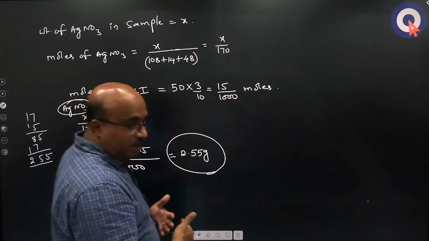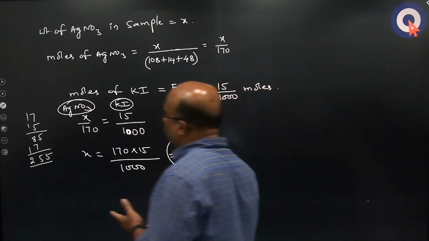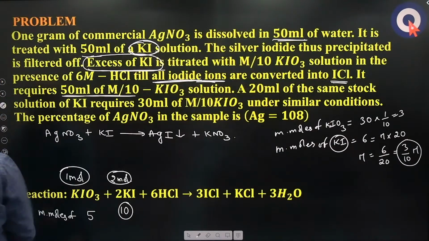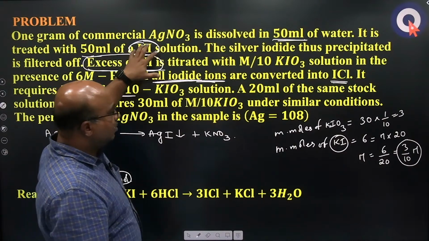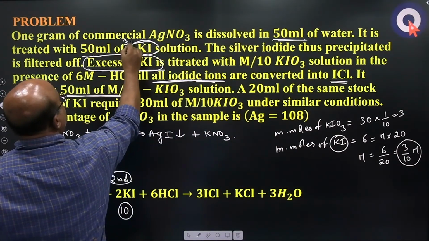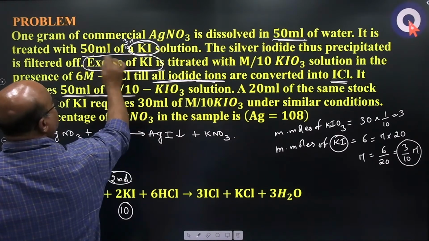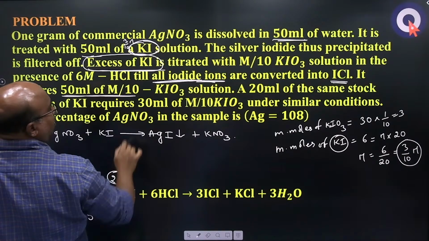So maybe this is the thing, let us see, because I don't see in this excess KI, which was, we added this M by 10 solution here, but only some part of it was consumed.